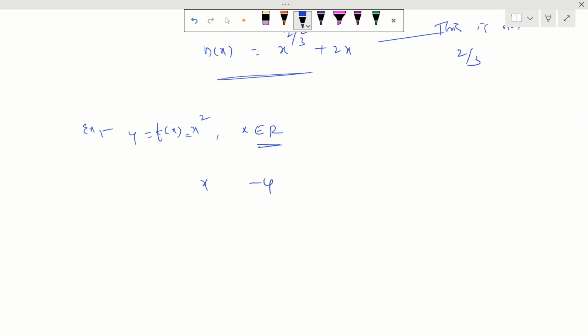Suppose the real numbers are negative and positive, also 0, 1, 2, 3. And what will x square be here? x square will be 16, 9, 4, 1, 0, 1, 4, 9.